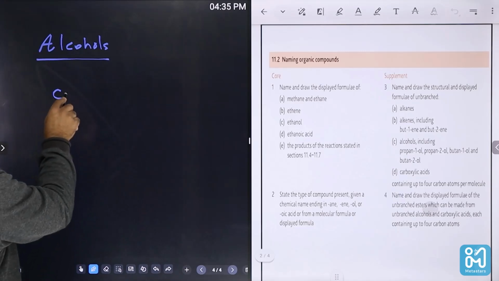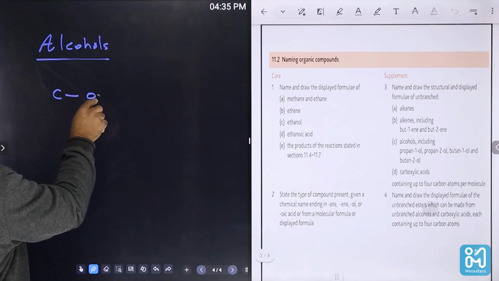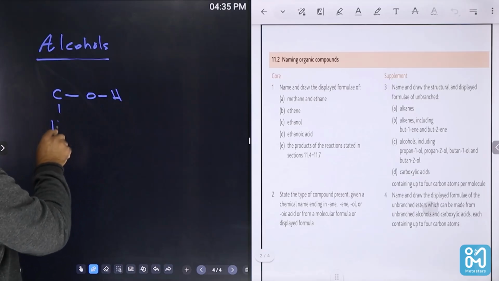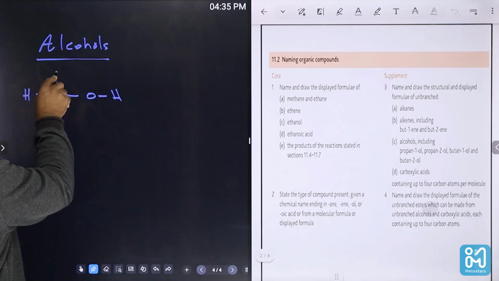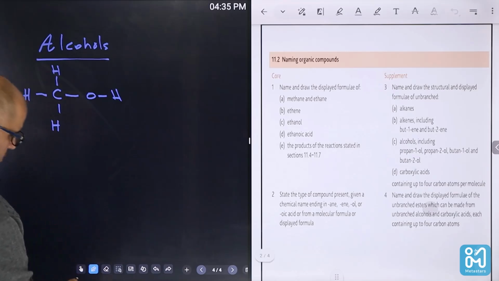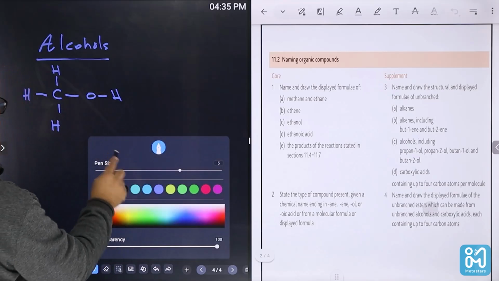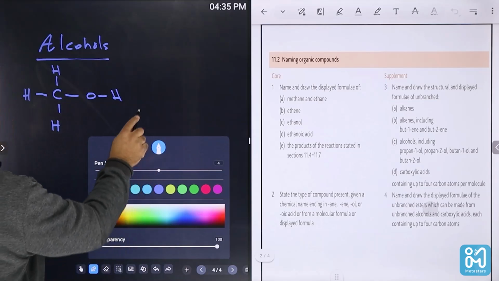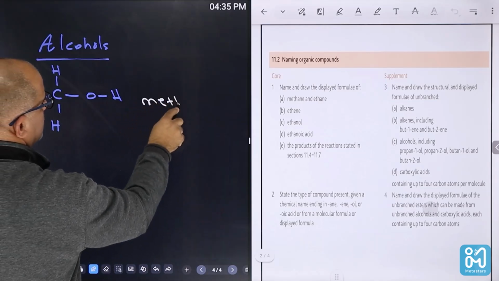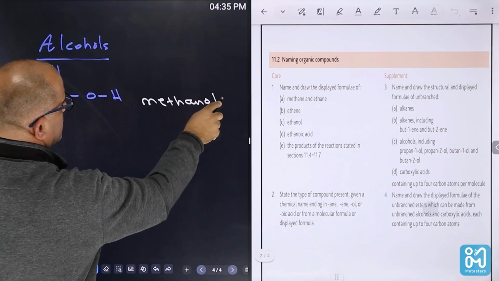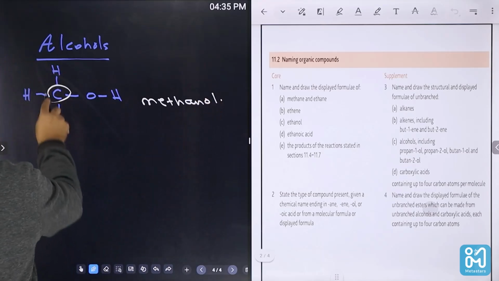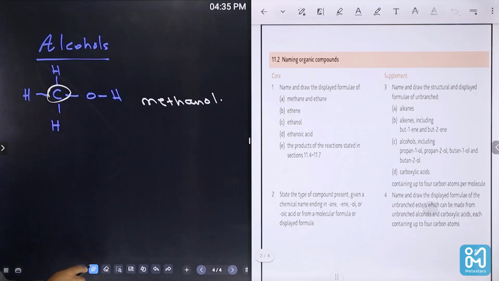For example, this is CH3OH. So it will be methanol. So that's methanol, because we have only 1 carbon atom.